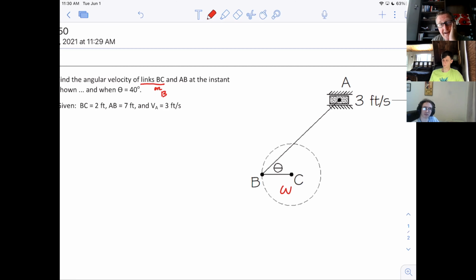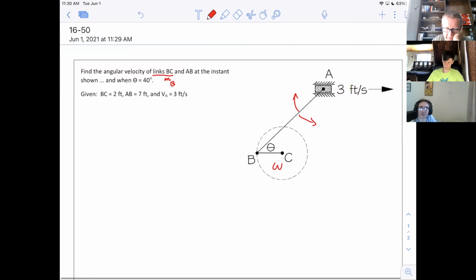But then I also said AB. Does it make sense? AB is rotating as well, one way or the other. So those are the two questions that I have. And so I said, let's do all of that at the instant shown. And I told you that instant happens to be based on where A is and where B is. I told you that instant is when that's 40 degrees, and I give you a few lengths and so forth. So, okay.